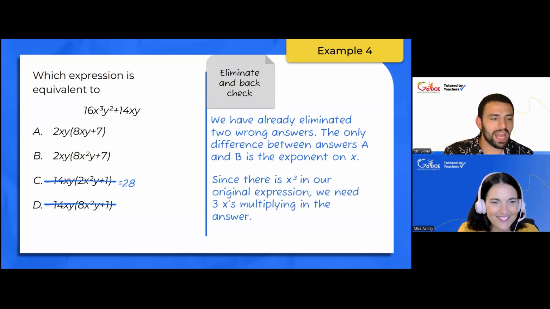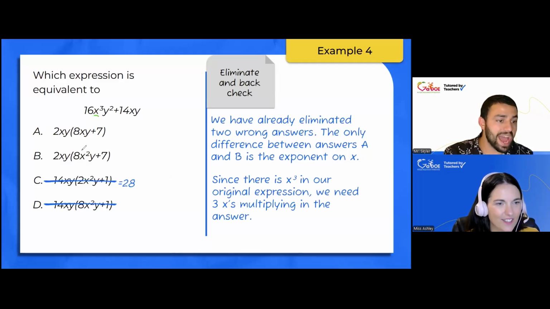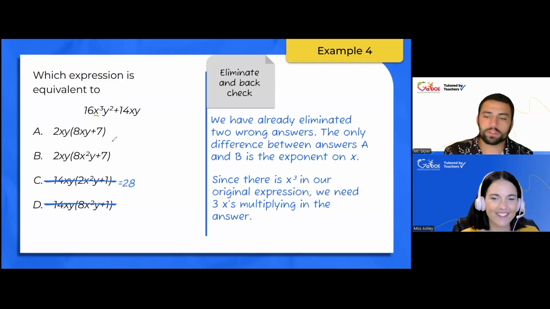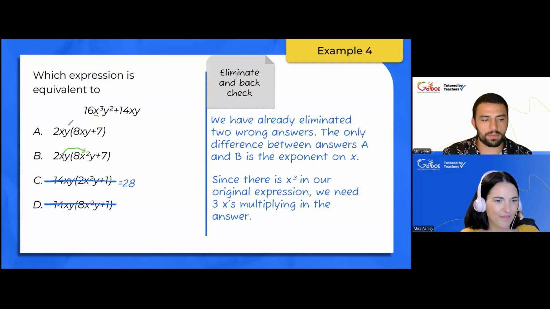Now, there's an x cubed, x to the 3rd power, in our original expression. So this x cubed comes from the multiplication of my x's. If I take my x's in answer B, I'm going to get x times x squared. Those multiply with each other. And if I take x times x, we have to remember our exponent rules.